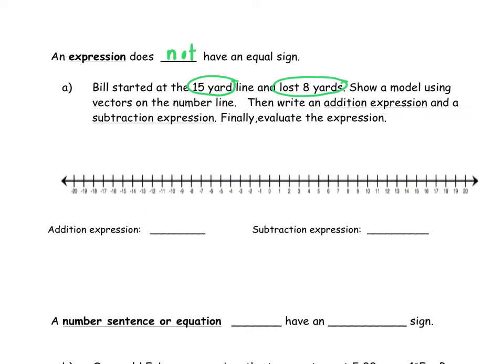So to model with vectors, let's recall how we did that. We started at 0, and then since it's positive 15, I'm going to move up 15. And if you look at this number line, it's kind of hard to see, it's a little bit blurry, but we start here at 0, and we're going to start by counting up to 15.